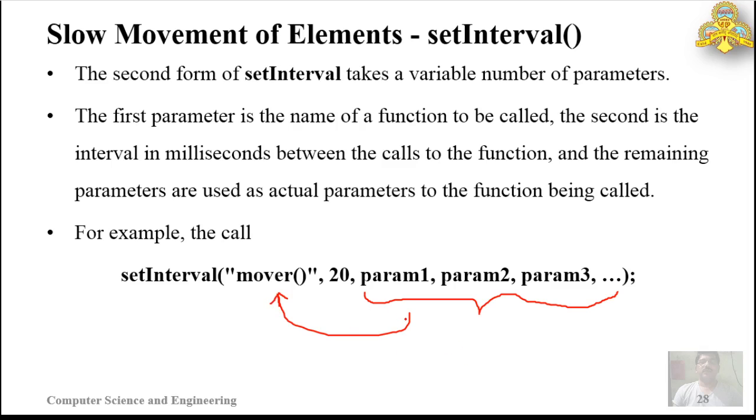If I want to pass any number of parameters, you make a list of parameters here, and those parameters are passed to the mover function. This is rarely used. The first method is always used in the simple experiments.